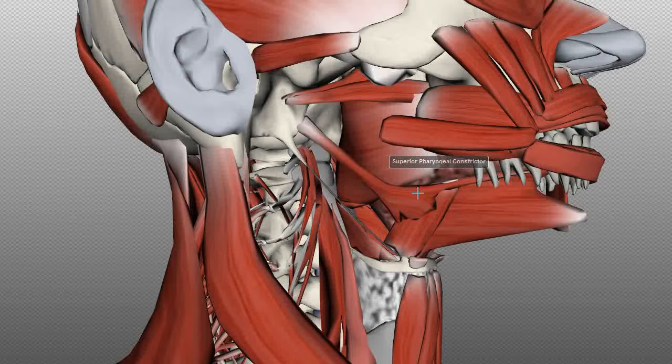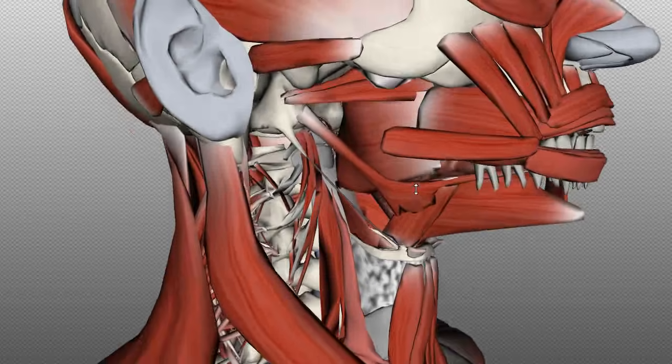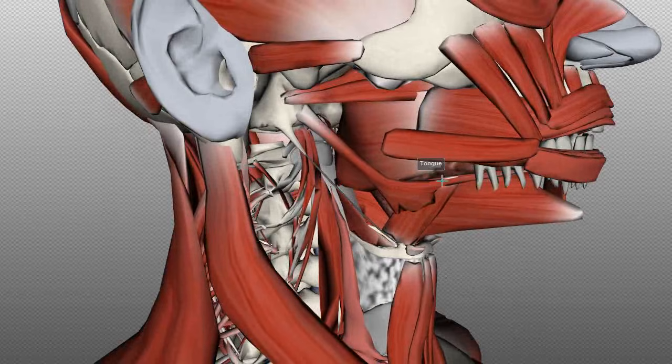And also you can see this bit here, so the styloglossus also blends with the upper border of the hyoglossus muscle. And again, looking at the position of the muscle, you can see if it contracts, it will elevate the tongue, and it will also, because it lies along the entire lateral surface, retract the tongue backwards.